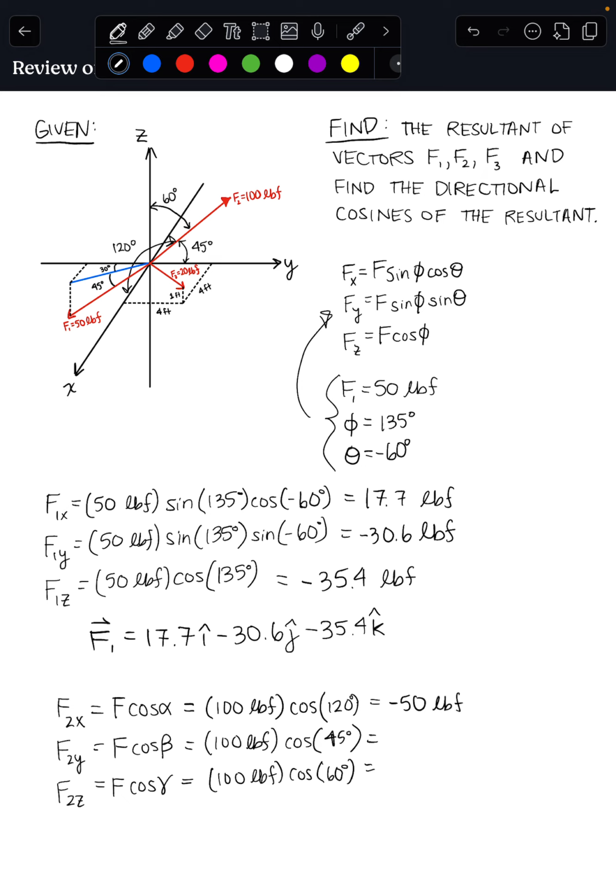Okay, and then 100 times cosine of 45 gives me 70.7 pounds. And 100 times the cosine of 60 gives me 50 pounds. Okay, so let's gut check that.